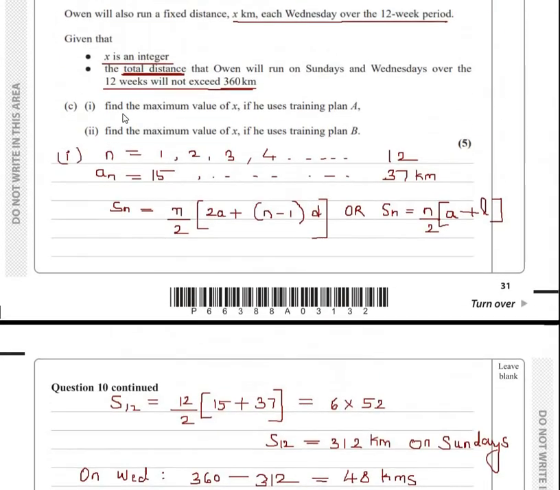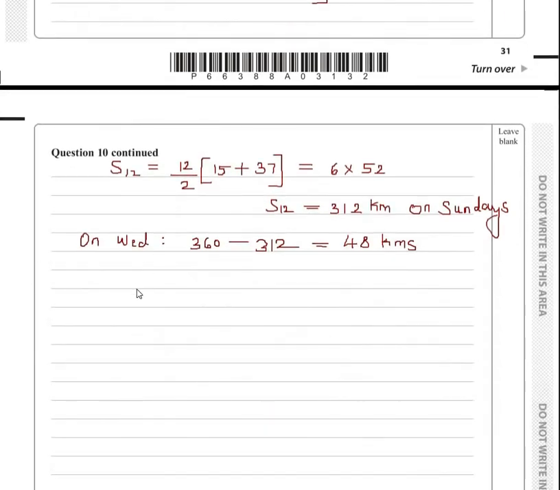So what it tells us now, find the maximum value of x if he uses training plan A, and he is going to run over a period of 12 weeks. So we have to do 48 kilometers per day, how much he has to run over 12. That means he has to run a maximum of 4 kilometers on Sundays and Wednesdays.